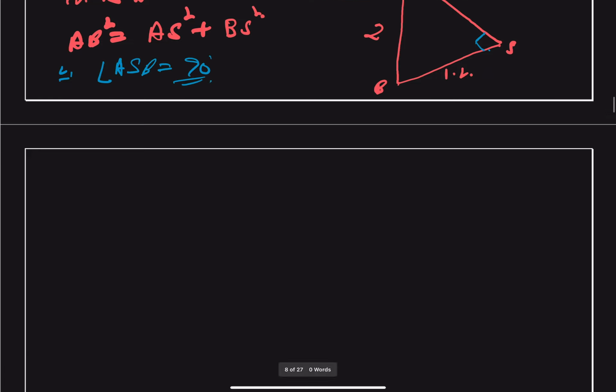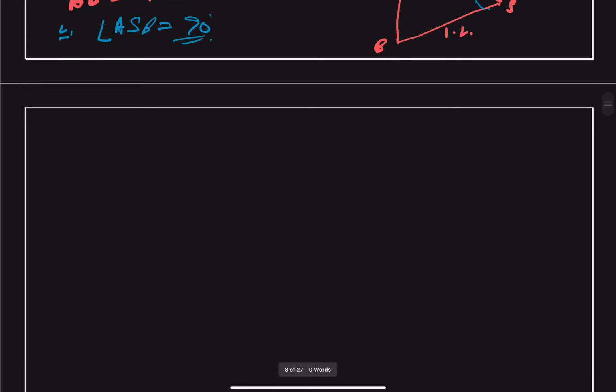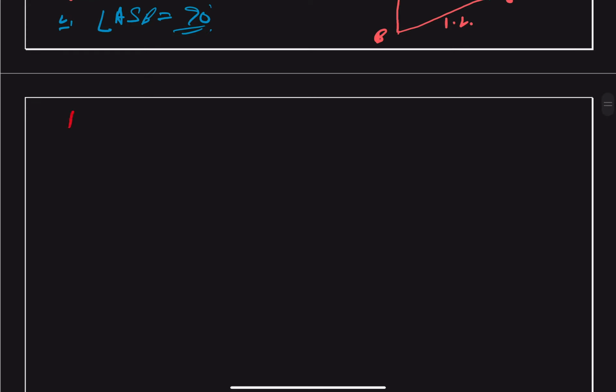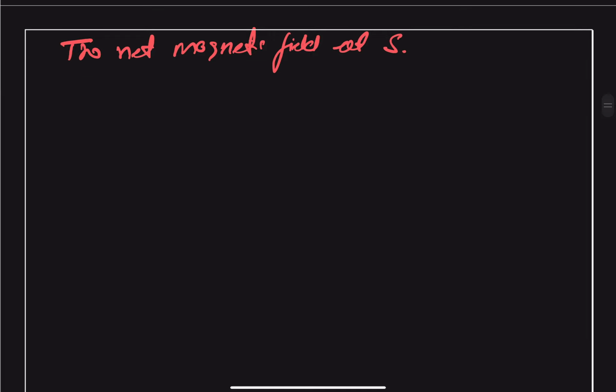Therefore, you can find out the net magnetic field. The net magnetic field at S, let us call that BS, will be equal to the square root of B3 square plus B4 square, substituting the values.